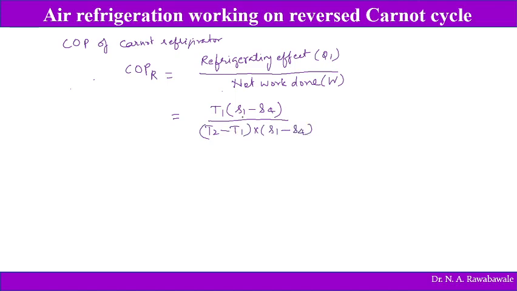S1 minus S4 gets cancelled. So what remains is T1 divided by T2 minus T1, which is the COP of a refrigerator working on a reverse Carnot cycle.